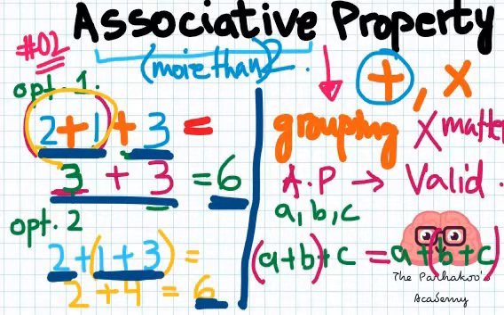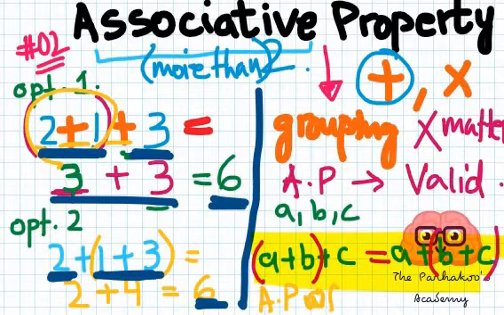It does not affect the result. So this is the general way of writing this property in addition. So we can say this is the associative property with respect to addition, because here we have plus as our operator. So associative property of addition, or with respect to addition.